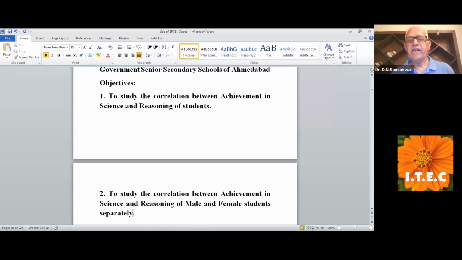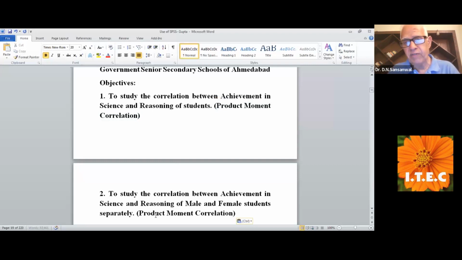If I write this, I use correlation, product movement correlation. And when I write even this, it's the same technique which I have to use.